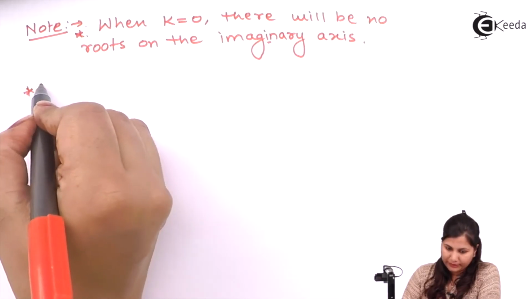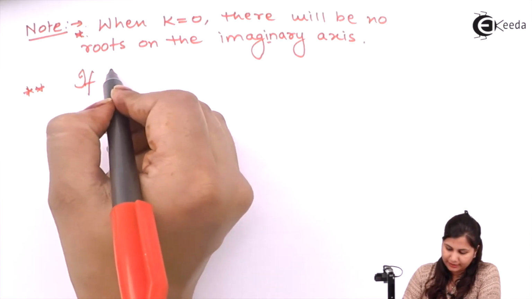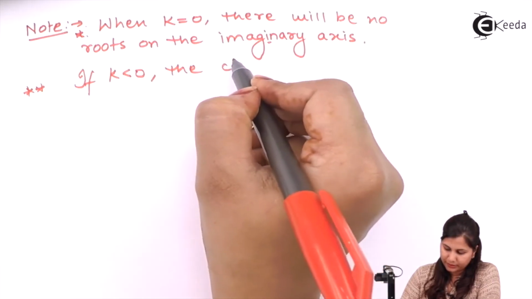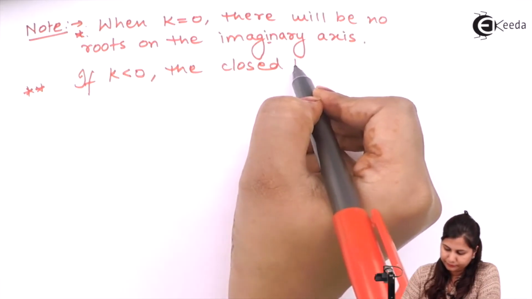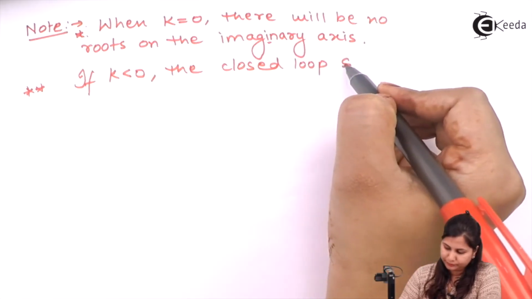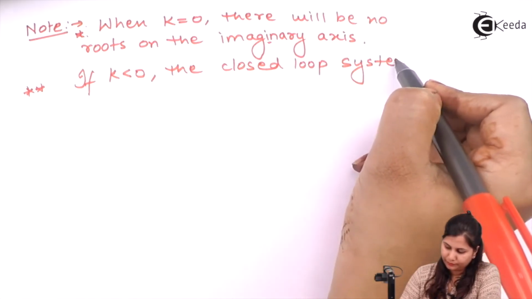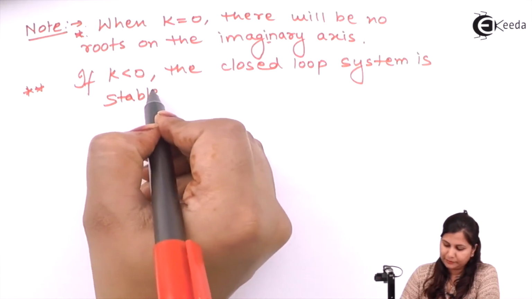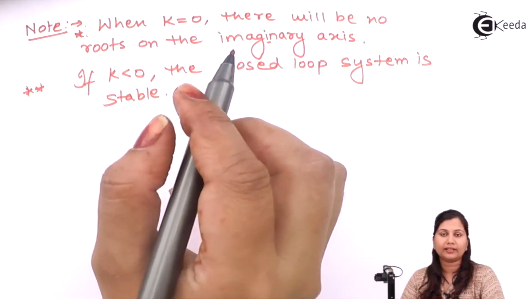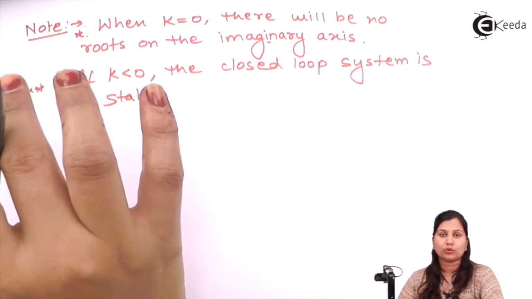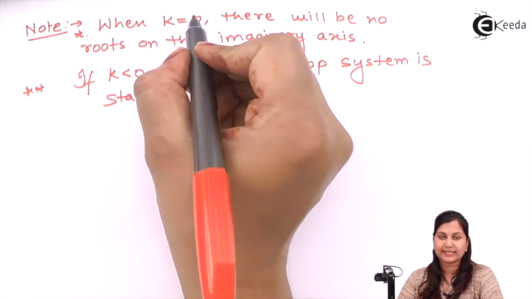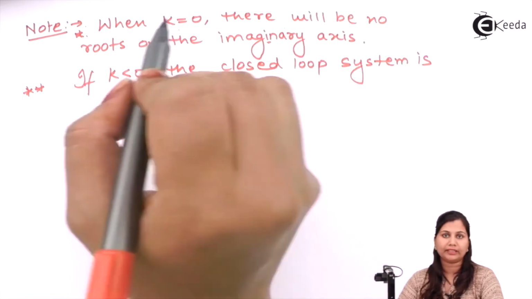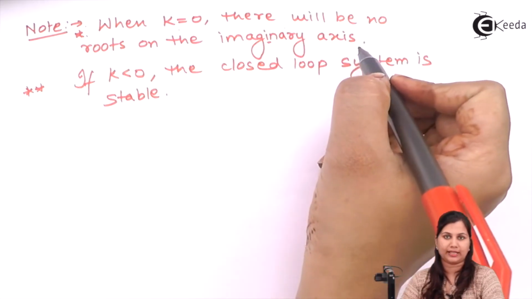And the second point is, if k is less than 0, then the closed loop system is unstable. That means in the ninth rule, we are getting the value of k. If we get the value of k as 0, then you can say that the system does not have any roots on the imaginary axis.